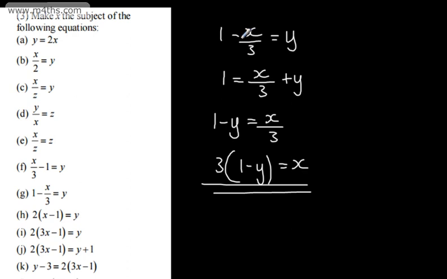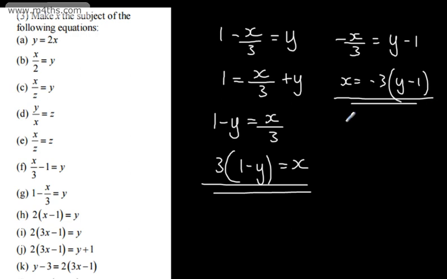Okay, if I'd done this differently, what I could have said now is negative x over 3 is equal to, and subtracting 1 from both sides, y minus 1. At this stage, I could have multiplied both sides of this equation by negative 3, and that would have given me negative 3 lots now of y minus 1. These two expressions now on the left-hand side here and the right-hand side here look different. They are not.